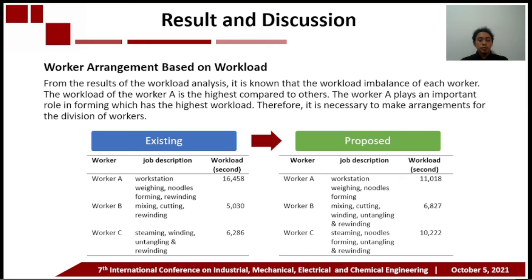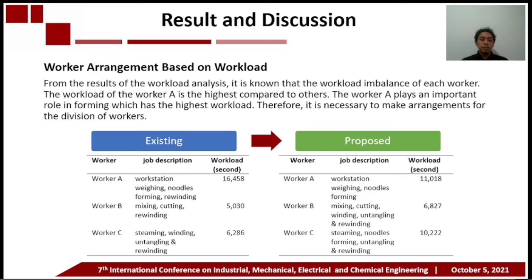She has a workload of about 16,000 seconds. Worker B has a job description at the mixing, cutting, and rewinding workstations. She has 5,000 seconds. And worker C, steaming, winding, untangling, and rewinding, has a workload of 6,000 seconds.